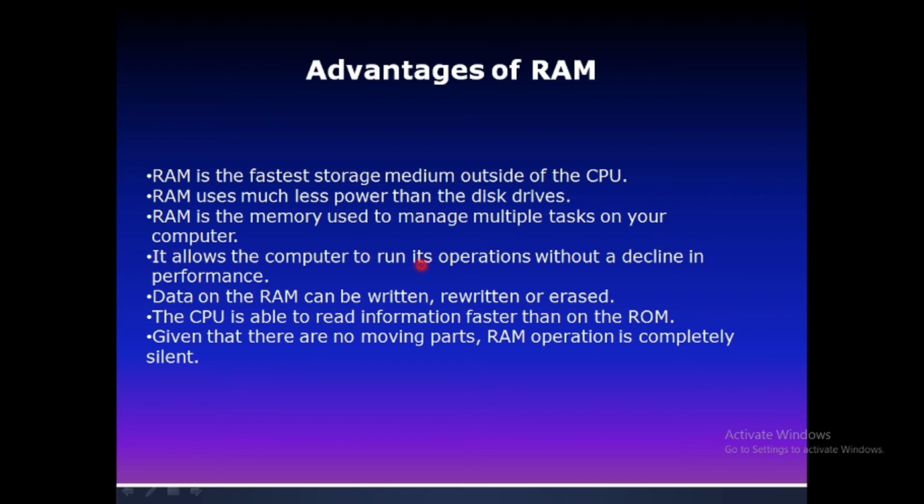It allows the computer to run its operations without a decline in performance. Data on RAM can be written, rewritten, or erased. The CPU is able to read information faster than from ROM. Given that there are no moving parts, RAM operation is completely silent.